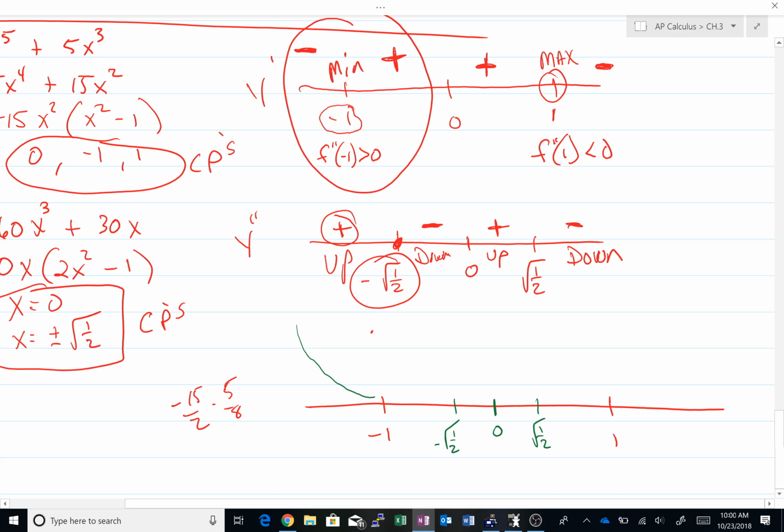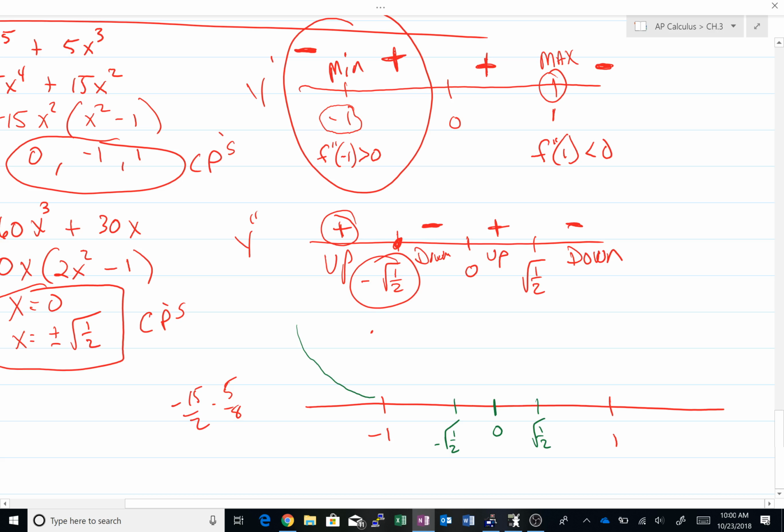We're using the first derivative. Everything to the right of -1, I'm increasing, still concave up.